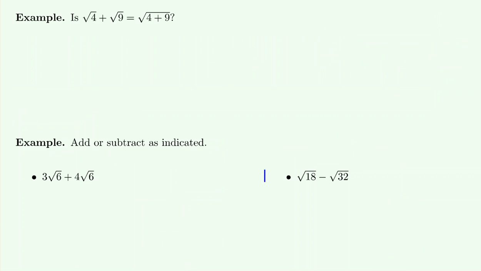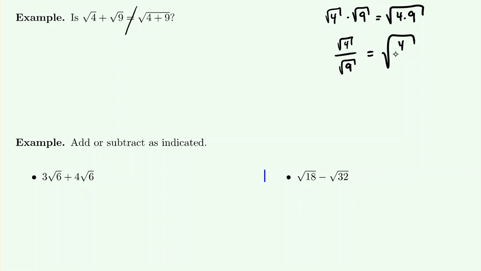Now, I do want to give a word of caution. The square root of 4 plus the square root of 9 is not equal to the square root of 4 plus 9. What we just saw before is you could say the square root of 4 times the square root of 9 through multiplication is equal to the square root of 4 times 9. Or the square root of 4 divided by the square root of 9 is equal to the square root of 4 divided by 9.